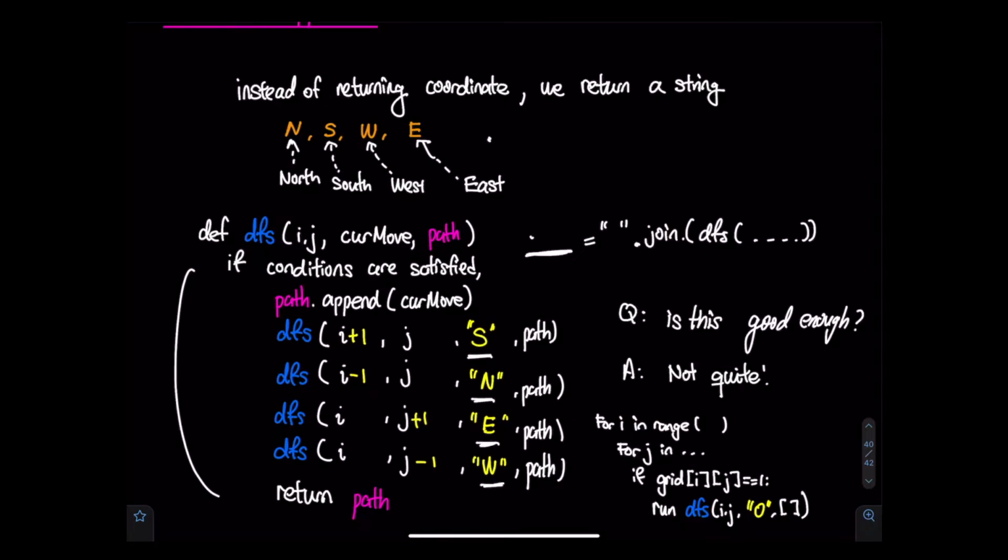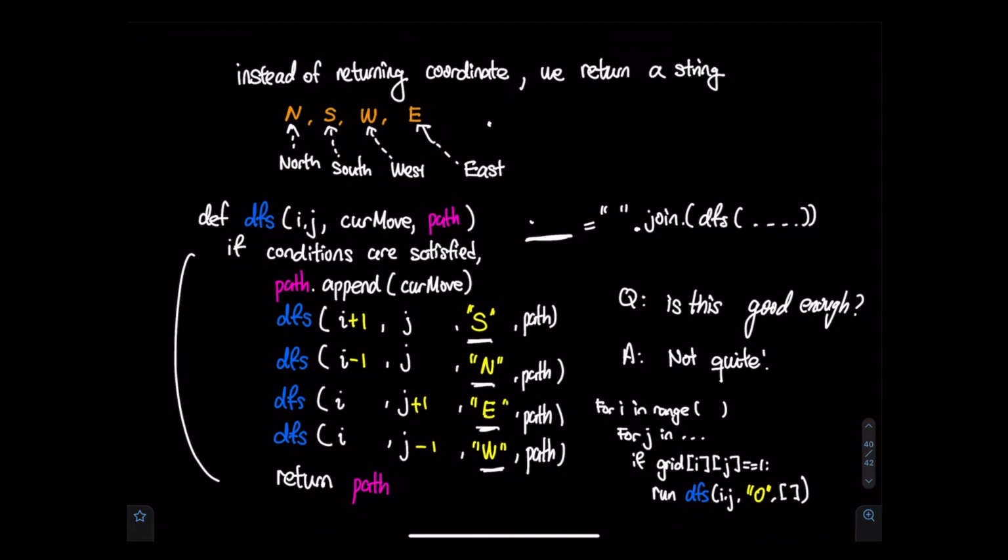My question is, is this good enough? And it is not quite there yet. Why is that? Can you see the problem with my DFS? When we are running a linear scan on our grid, for i in range of number of rows, for j in range of number of columns, if grid at i, j is equal to 1, then we run DFS.